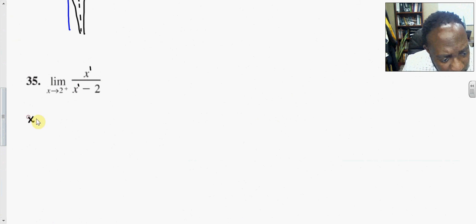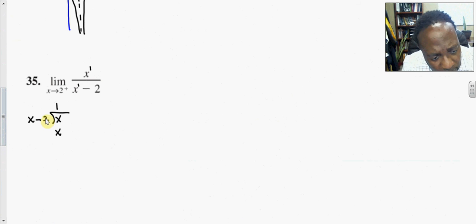So we divide x minus 2 into x. X goes into x 1 time. X times 1 is x. And then negative 2 times 1 is negative 2. We draw a line, subtract, that becomes negative, that becomes positive. And x minus x cancels out, we bring down the 2.